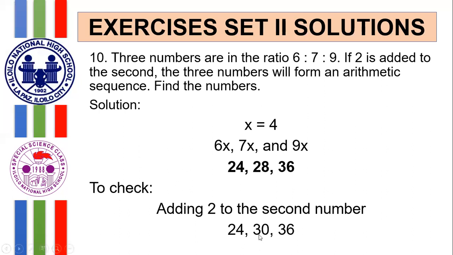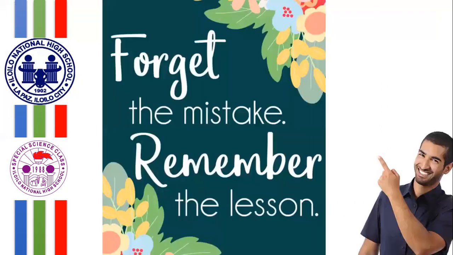Indeed, you could see that 30 minus 24 is 6. 36 minus 30 is 6. So you have a common difference of 6 for this case. And remember, we are looking for the 3 original numbers. So your final answer for number 10 should be 24, 28, and 36. I hope you got these numbers correctly.